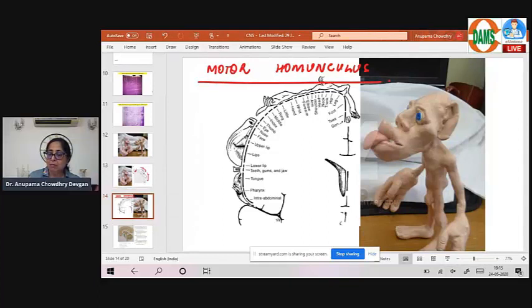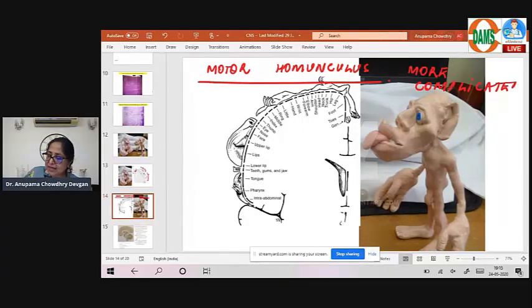Now here, more complicated movements have larger cortical representation. In the sensory cortex, more sensitive areas have larger cortical representation, right? But here, more complicated movements will have larger cortical representation.